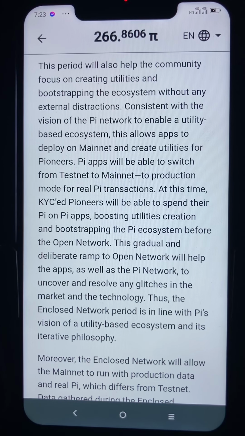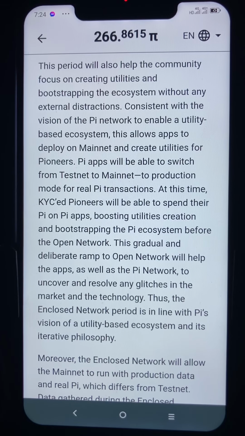So, diba? Nasabi ko na rin yan kanina. So, just to add, so sa pagkakasabi ito, yun nga, it gives time para sa mga Pi network app developers to fine-tune their apps para magamit ng mga pioneers as utilities, as direct use of their Pis. No?